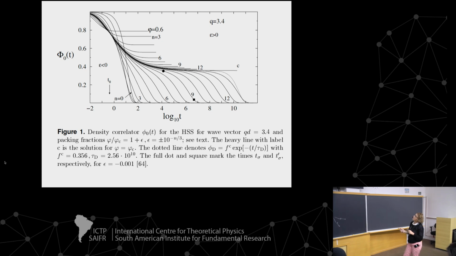And then when you arrive at the structural arrest temperature and you lose ergodicity, you have, as you can see, the plateau. And in this case, for hard spheres, you are changing the packing fraction. And then, if you keep on increasing it, the height becomes higher and higher.